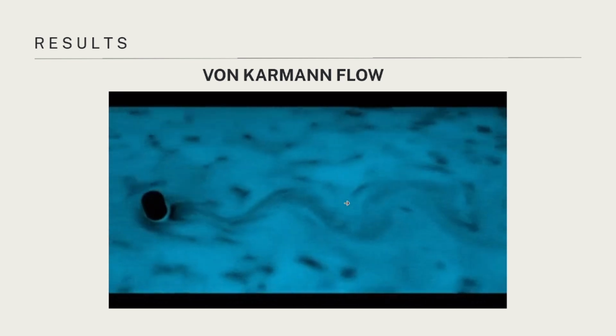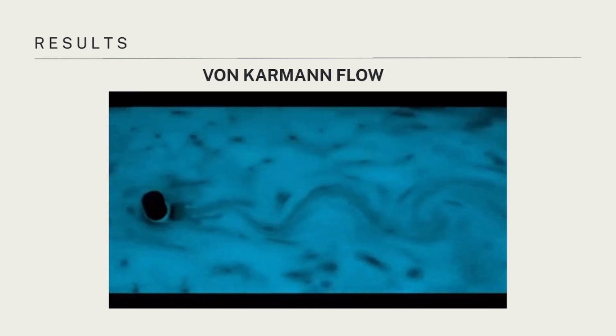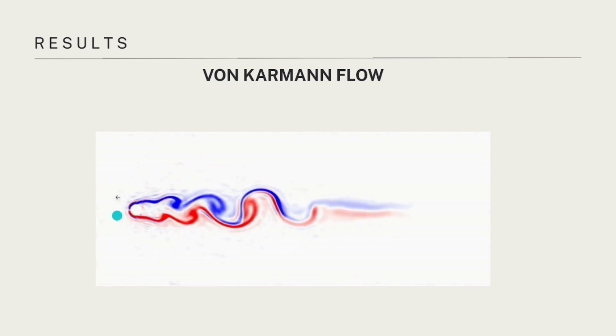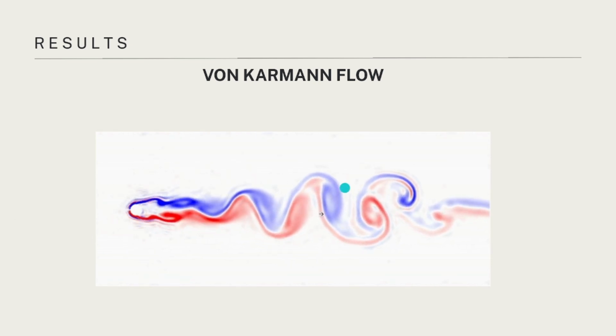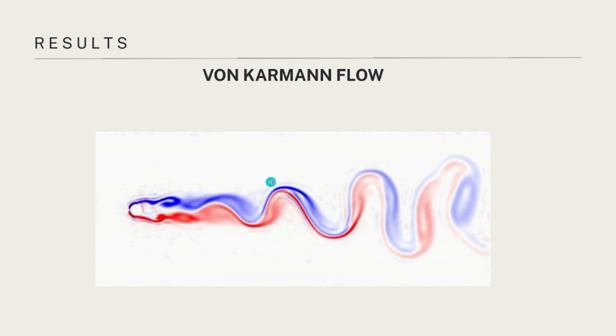Previous neural networks failed to generate it. They became noisy almost immediately. But this method actually reproduces the vortex shedding. There is still some noise, as we can see right here in this neighborhood, but the phenomenon is clearly there, and this is a huge achievement for a purely mesh-free method.